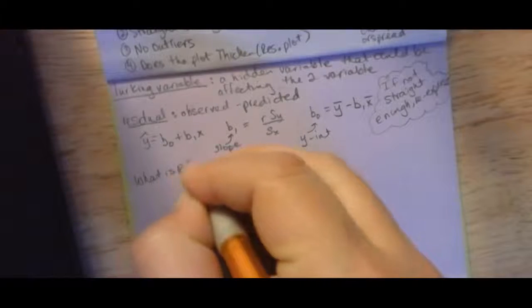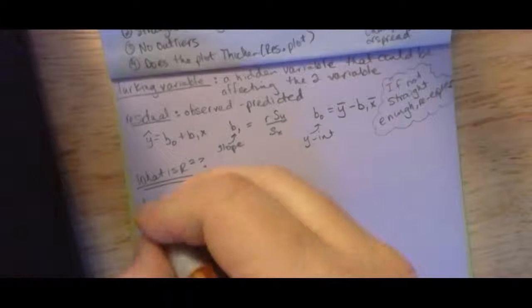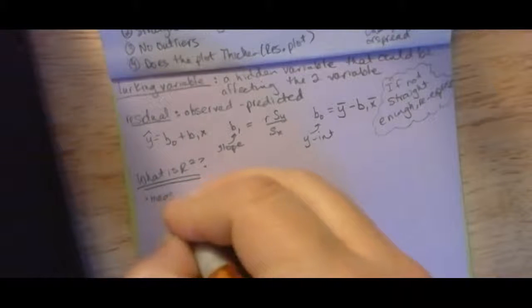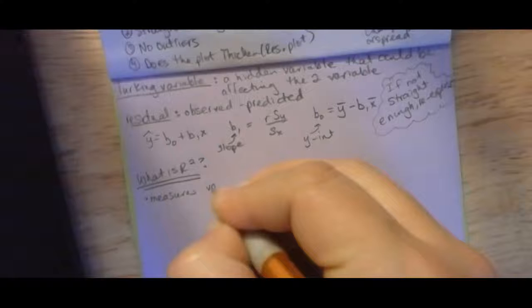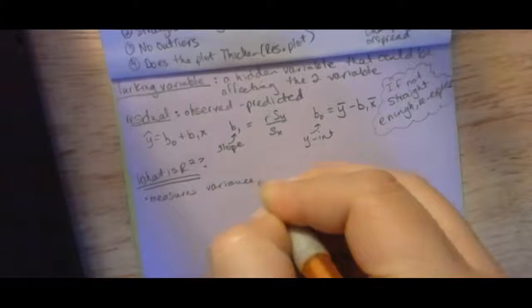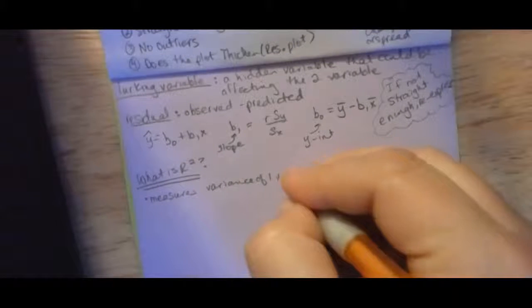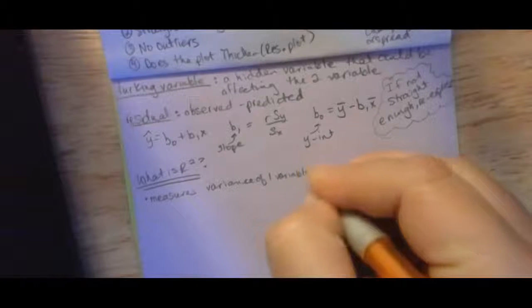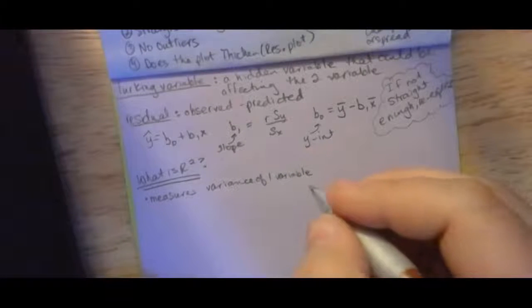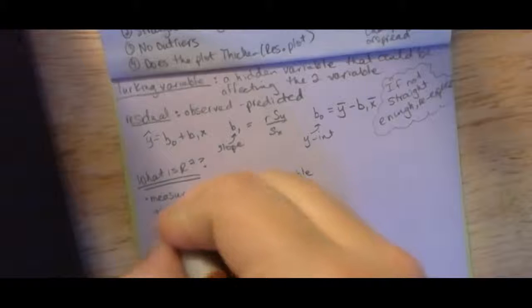Okay, we still have a little bit more to cover here. So the next one is, what is r squared? So remember, r squared measures variance of one variable that is predicted by the other.